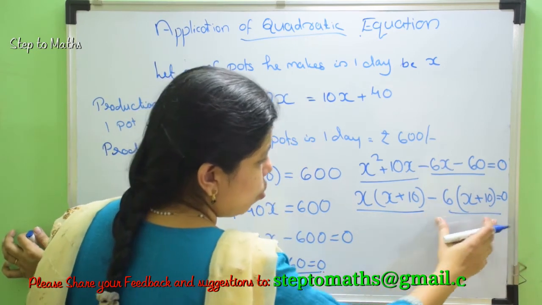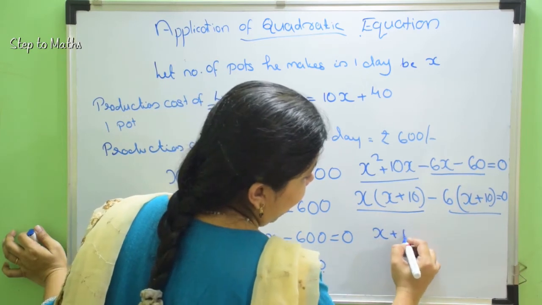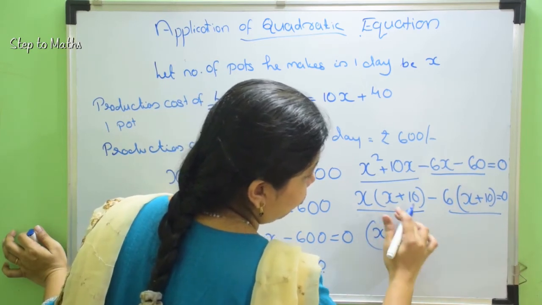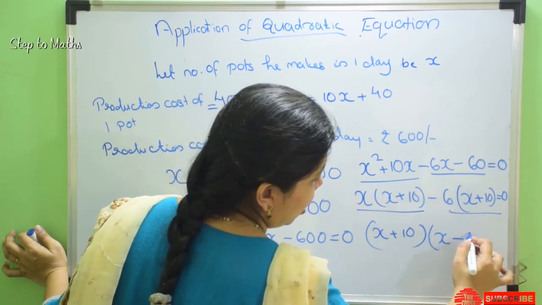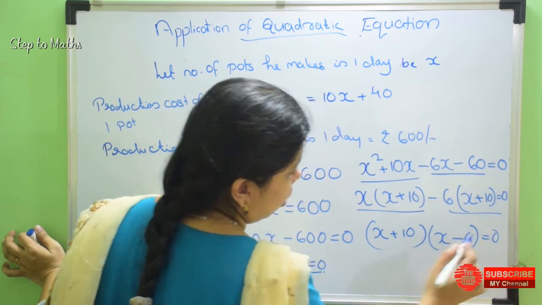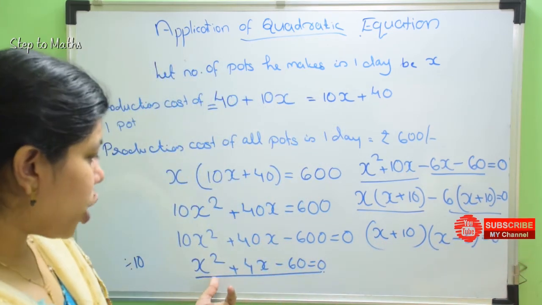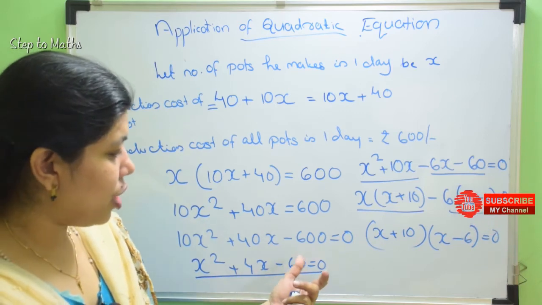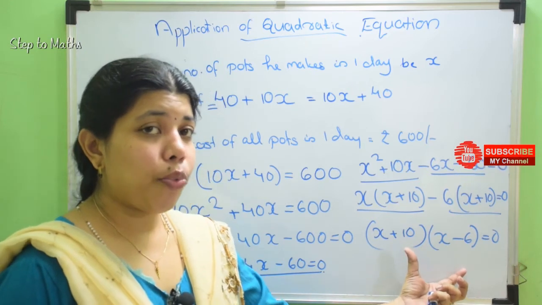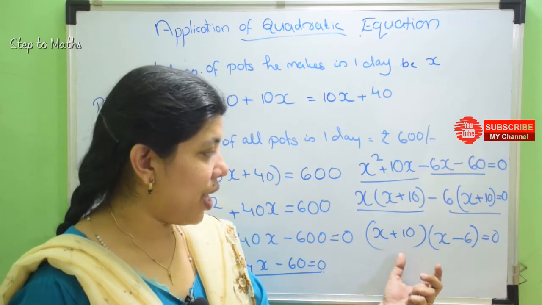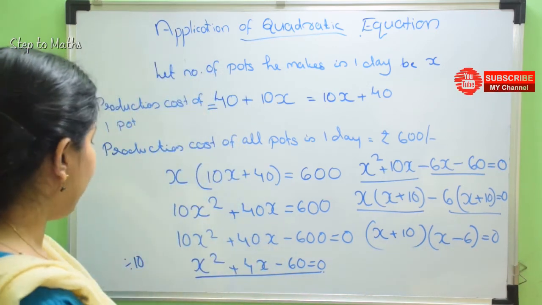Then consider these two terms. Here x plus 10 is common, so we can write it as x plus 10 into, here the remaining is x and here minus 6. x plus 10 into x minus 6 is equal to 0. x square plus 4x minus 60 is equal to 0 is written in terms of product of two terms as x plus 10 into x minus 6 is equal to 0.